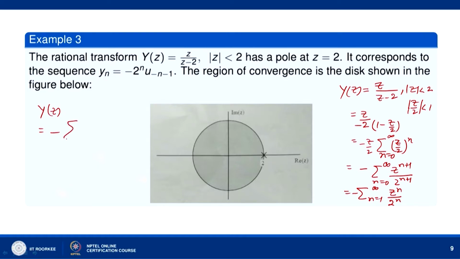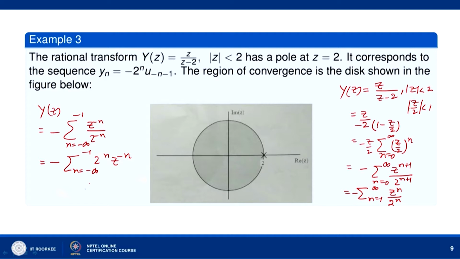Or I can write it as minus sigma n equal to minus infinity to minus 1, replacing n by minus n. Okay. So, Z to the power minus n, 2 to the power minus n, and we get minus sigma n equal to minus infinity to minus 1 of 2 to the power n Z to the power minus n. Okay.